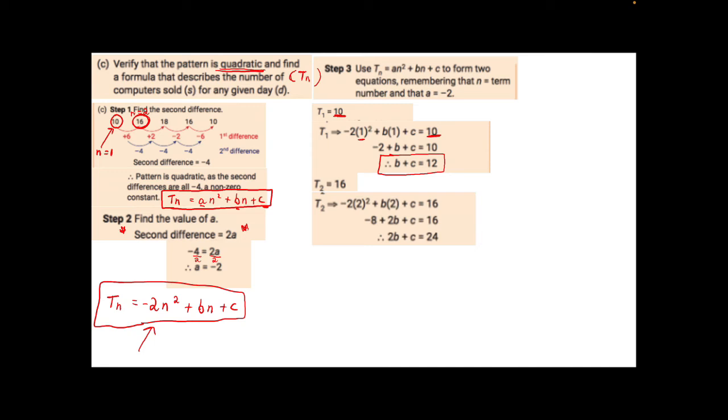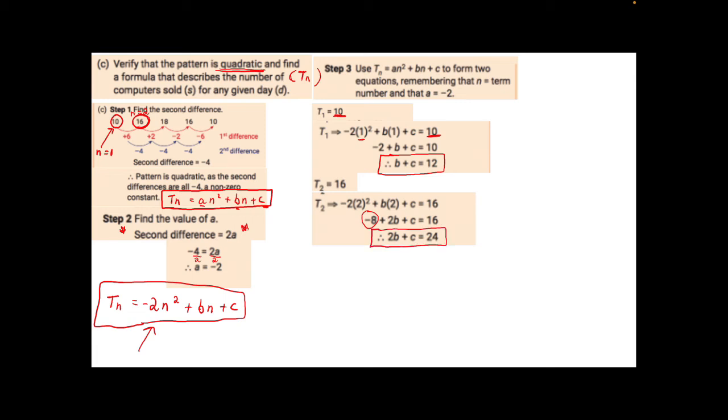Okay, and we're going to just expand and simplify. -2 times 2 squared gives us -8, plus b times 2 gives us 2b, plus c equals 16. And bringing our 8 to the other side of the equation gives us 2b plus c equals 24.